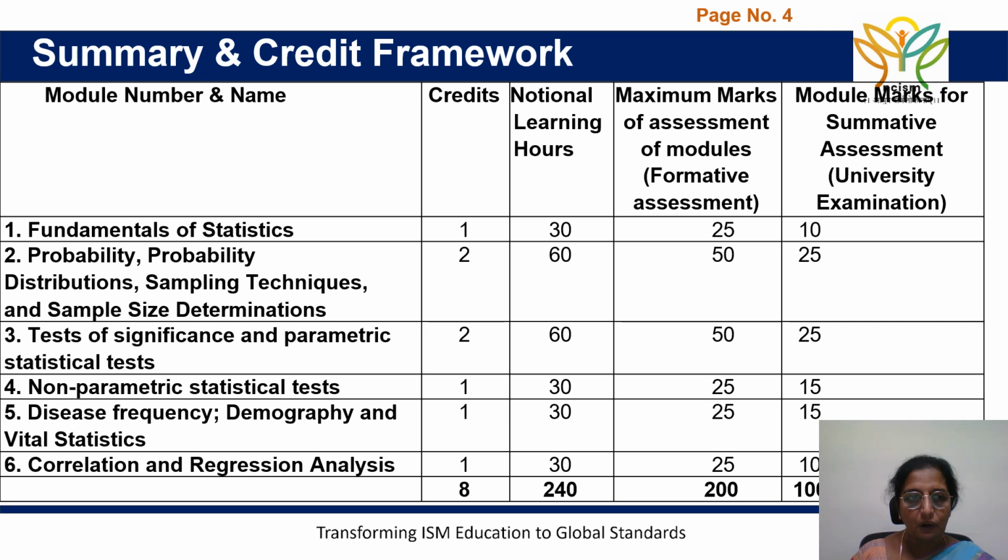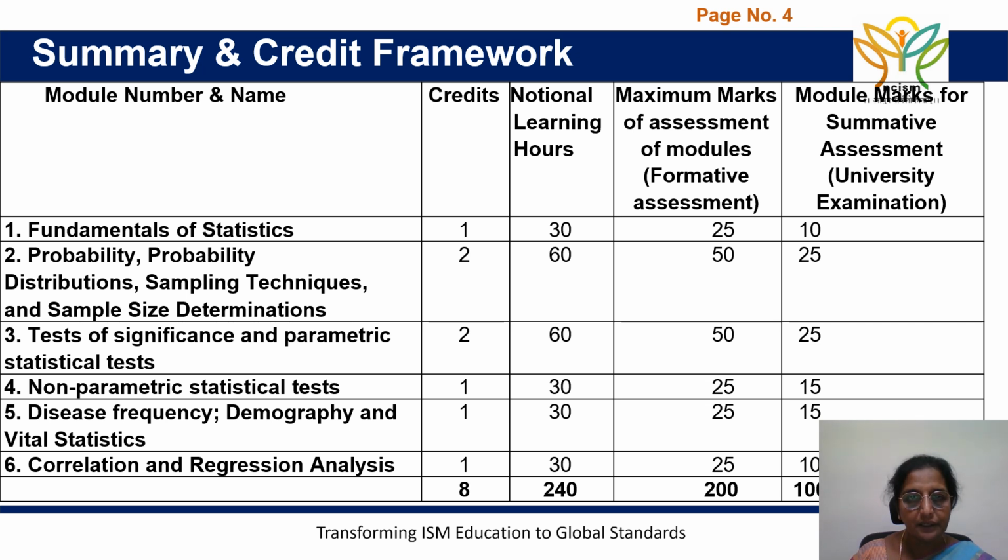Coming to module 1, fundamentals of statistics. It carries 1 credit with 30 notional learning hours, 25 marks for formative assessment, and 10 marks for the university examination. Coming to the second module, probability distributions, sampling techniques, and sample size determinations.